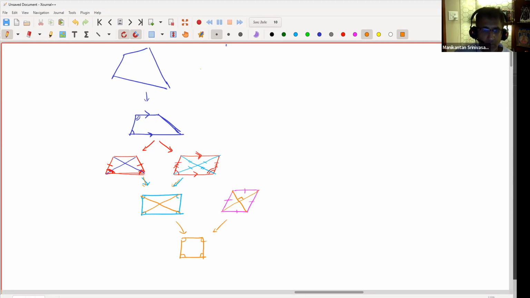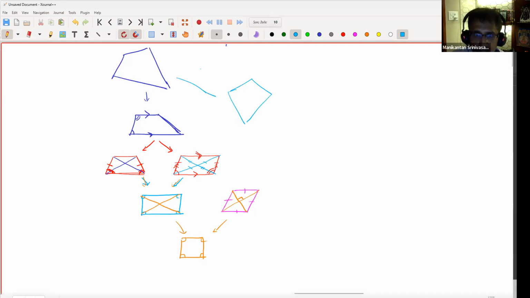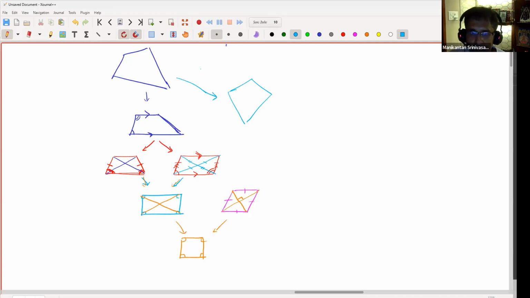And then the only object that we are missing in this is your kite. So kite would sit somewhere here, right? It has equal status as a trapezium, so it derives from a random quadrilateral. The kite has the property that you have two pairs of adjacent sides which are equal.